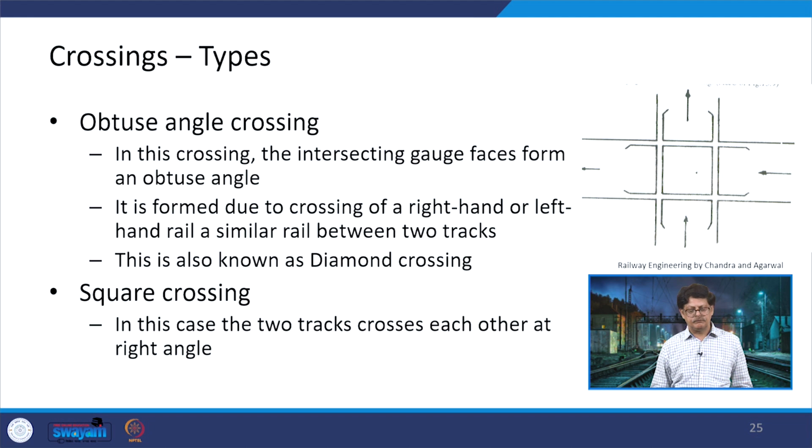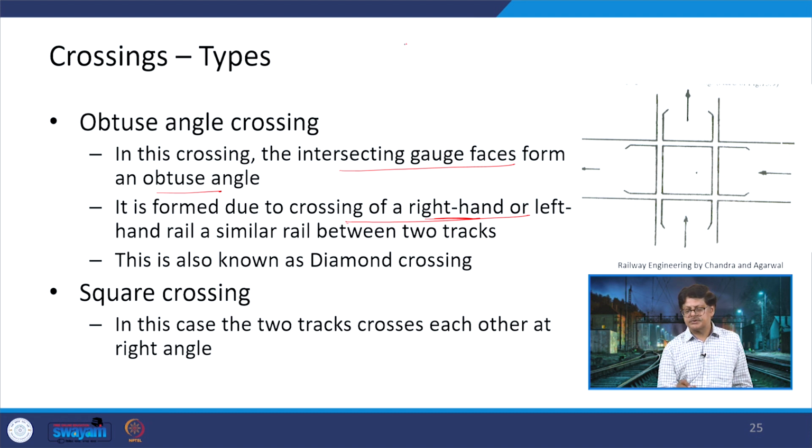Obtuse angle crossing. In the case of obtuse angle crossing, the intersecting gauge faces form an obtuse angle. It is formed due to the crossing of right hand or left hand rail with a similar rail between two tracks. So, it is right and right, or a left and left combination which can be there, and this is also known as a diamond crossing.